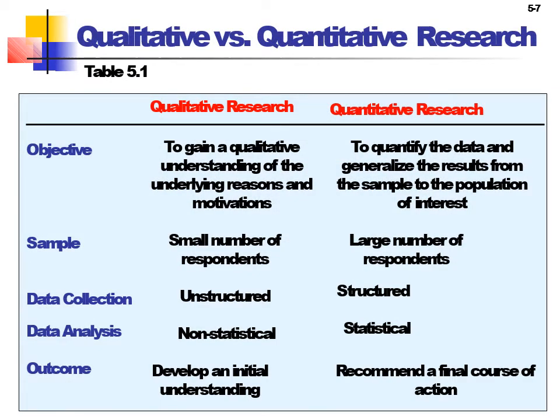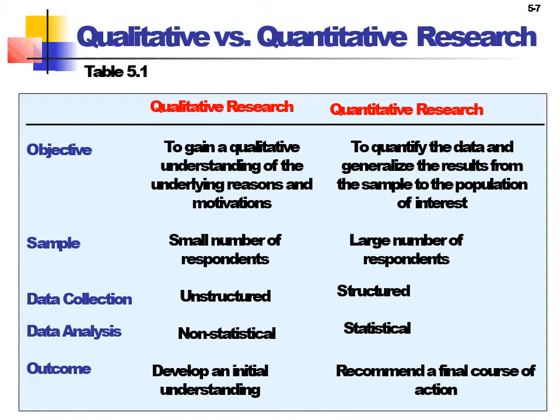Here's a simple comparison between qualitative and quantitative research in terms of objective, sample, data collection, data analysis, and outcome. The objective of the qualitative research is to gain a qualitative understanding of the underlying reasons and motivation. As I said, it focuses on exploring ideas and deals with words and meanings.